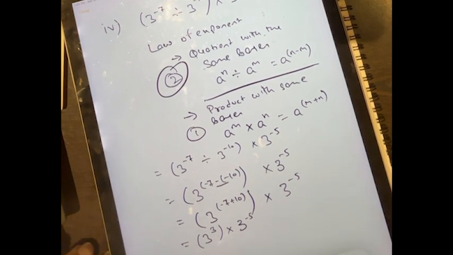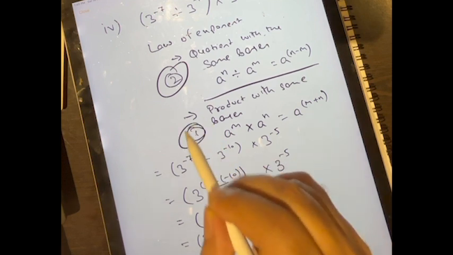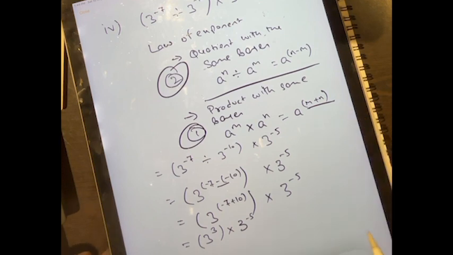Now we will apply law number 1, which is product with the same basis. Hence this will become 3 raised to the power of 3 plus minus 5, which is 3 raised to the power of minus 2.